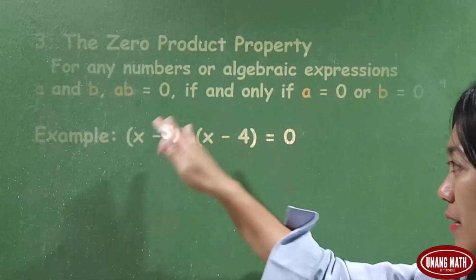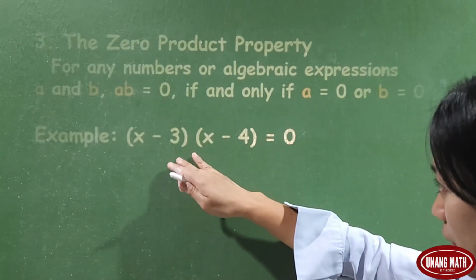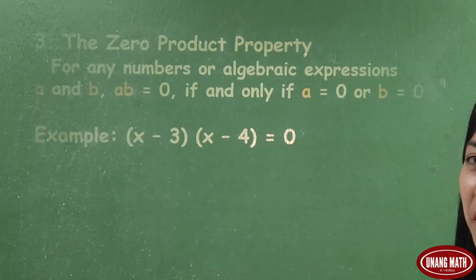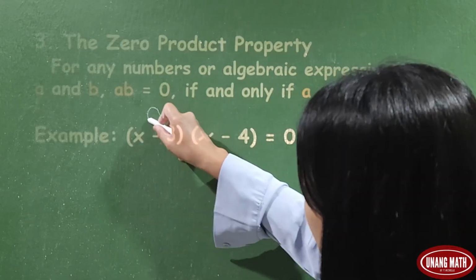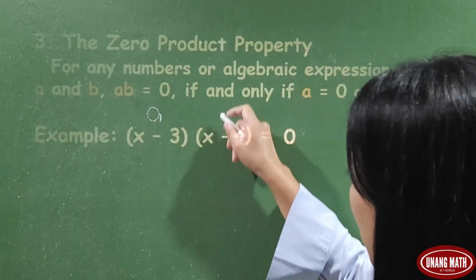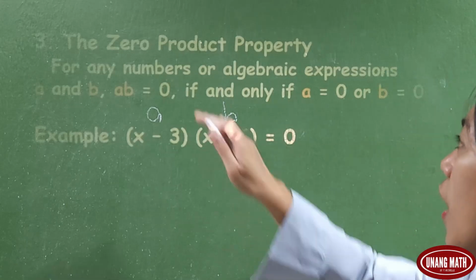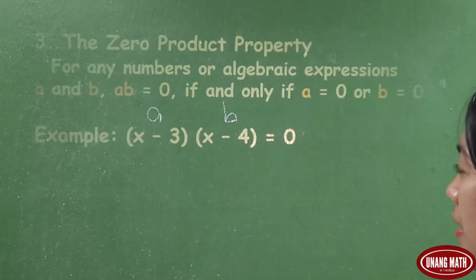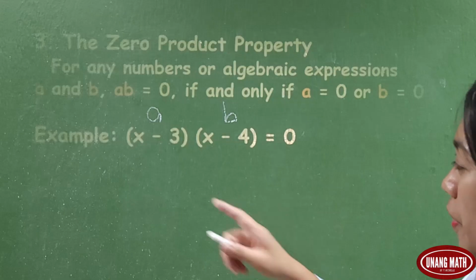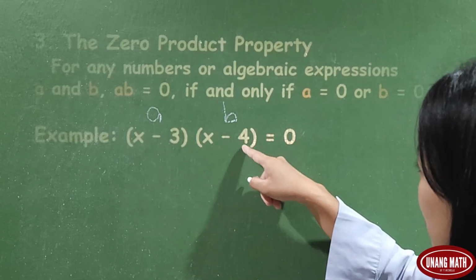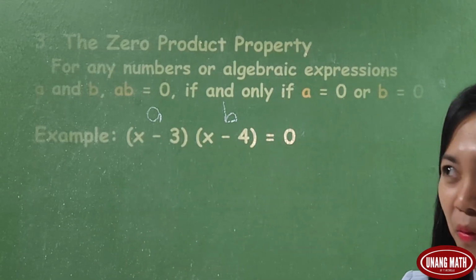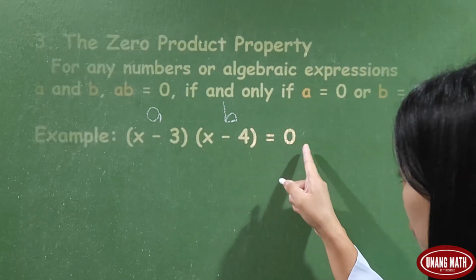What does this mean? Example: x minus 3 times x minus 4 is 0. x minus 3 here is our a, and x minus 4 is b. This zero product property means that either this expression or this expression is 0, because according to this, the product is equal to 0.